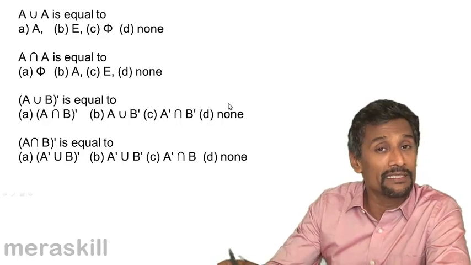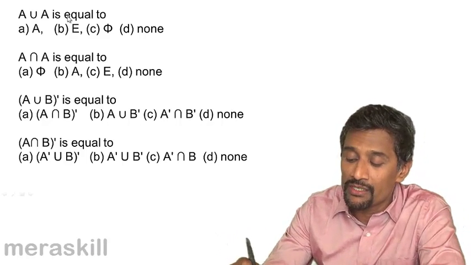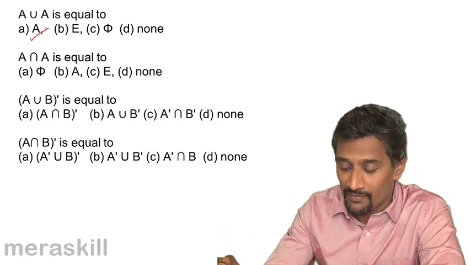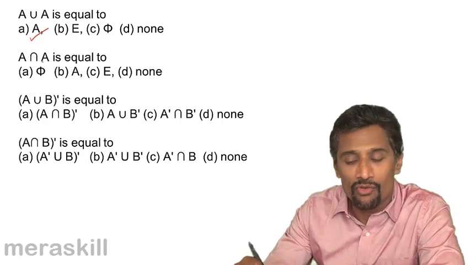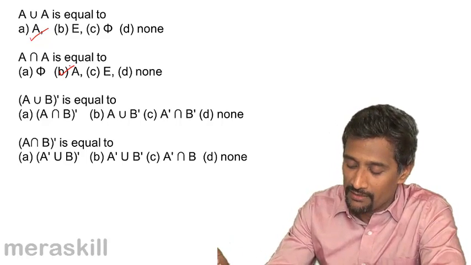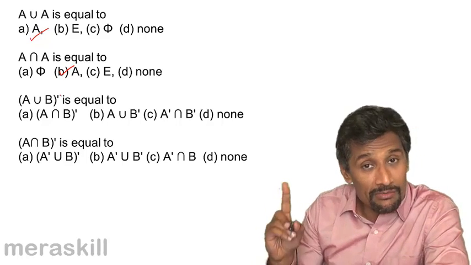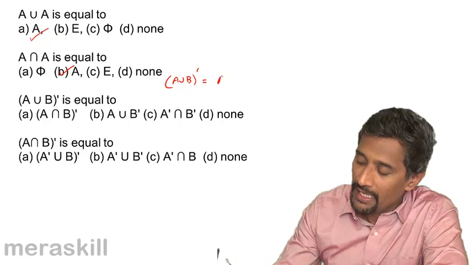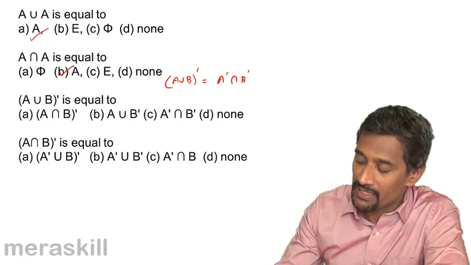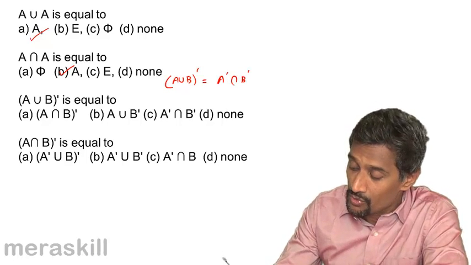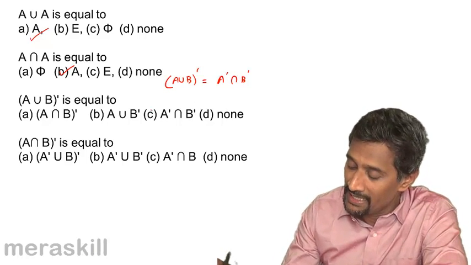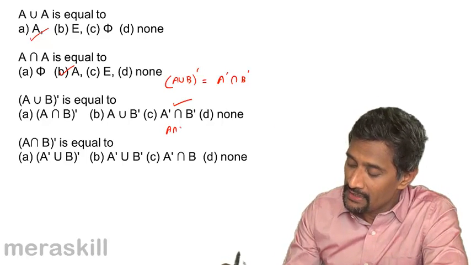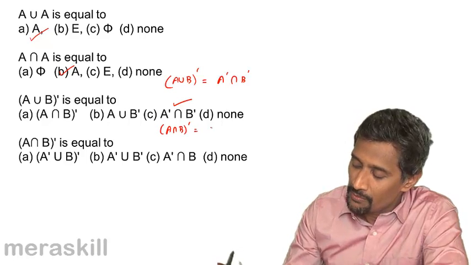Now, for example, let's see how to explore. A union A is equal to what? A union A is A. A intersection A, common to A and A, is A. A union B dash, remember that thing? A union B dash is always A dash intersection B dash. You just change the union to intersection and then take out the bracket, so it's going to be A dash intersection B dash. Similarly, A intersection B dash would be A dash union B dash.